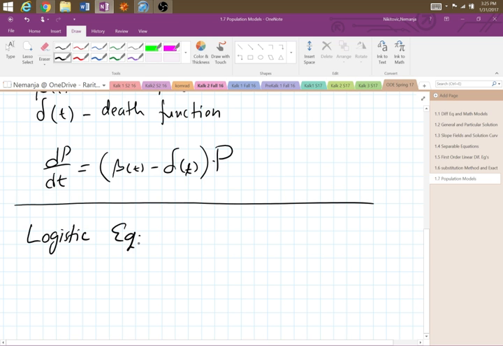Logistic equation. So it's change in population in time, it's equal to 0.06p, and then the zeros.